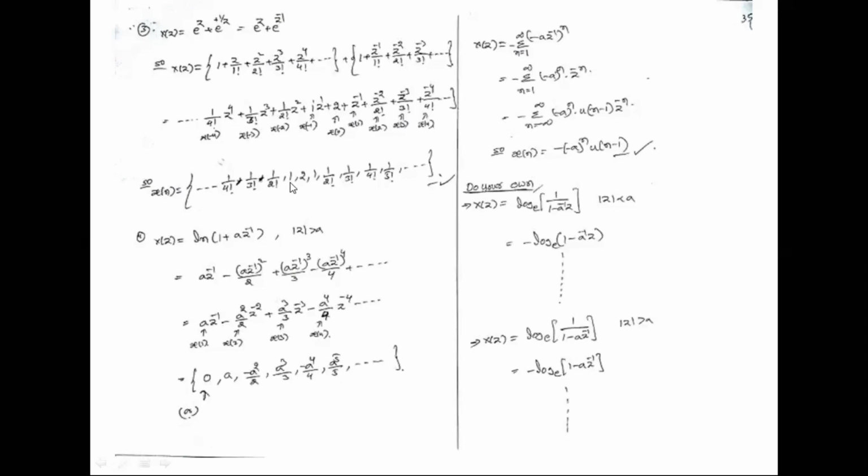z power 1 is 1, and here is a 1 and the 1. Both are 0 values only. In this summation, it starts from 0 here. In this summation, it also starts from 0. So 1 plus 1 you can write as a 2. Got it, my dear friend? And this 1 value is for the negative power of z: z power minus 1 is 1, and z power minus 2 is 1 by 2 factorial, z power minus 3 is 1 by 3 factorial, and so on.